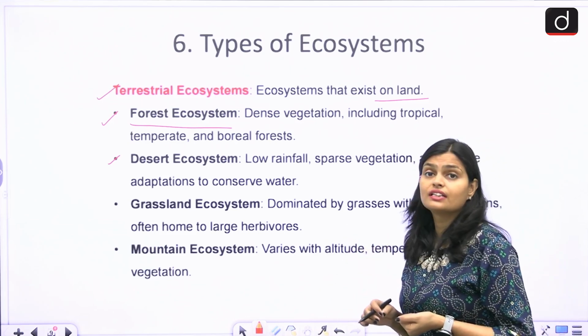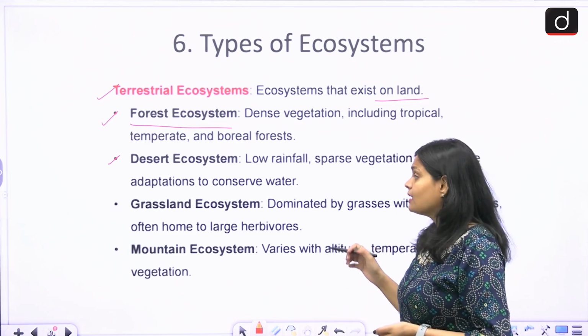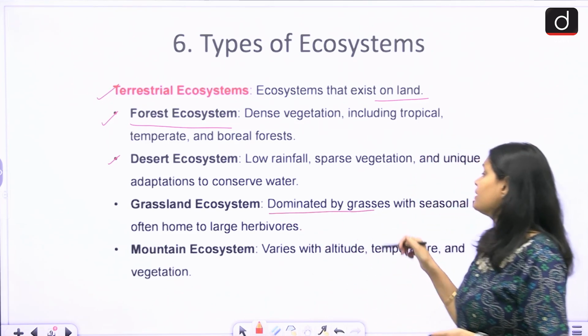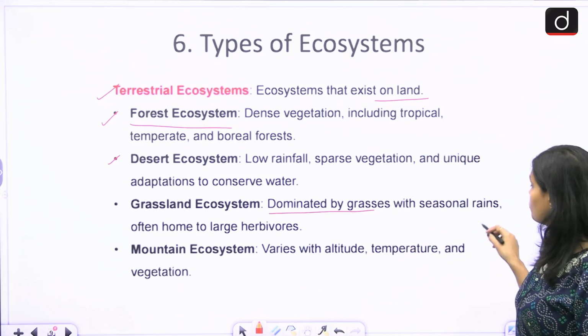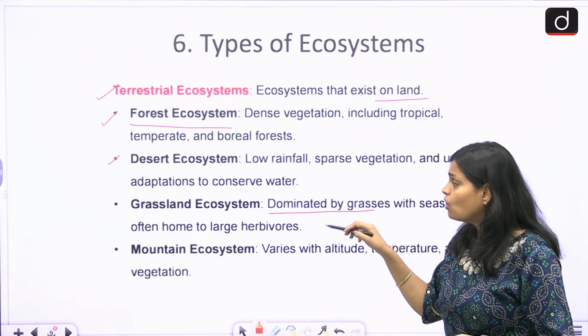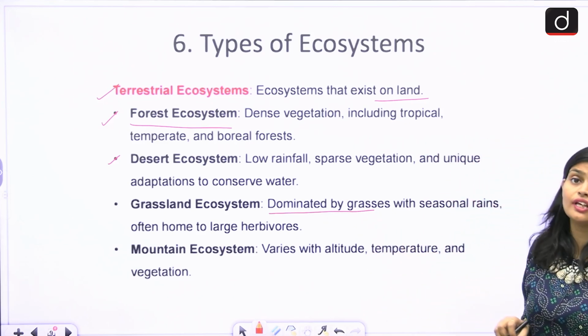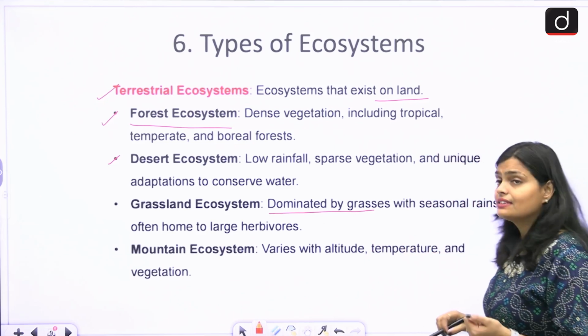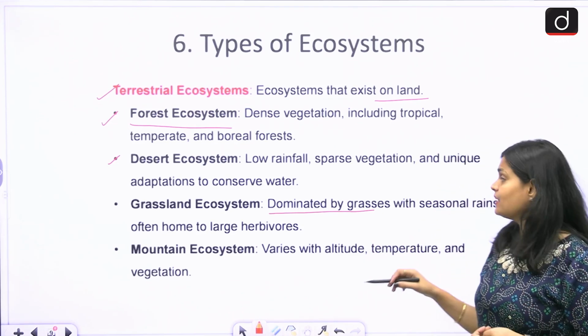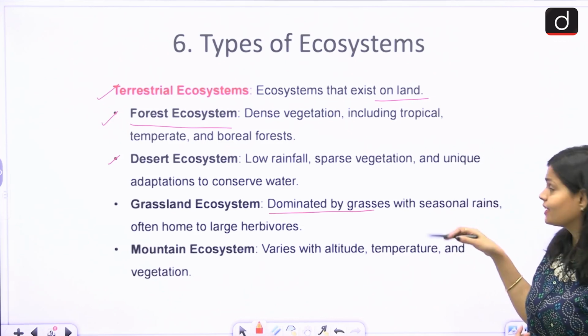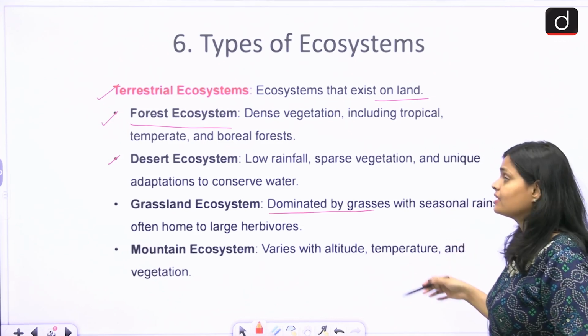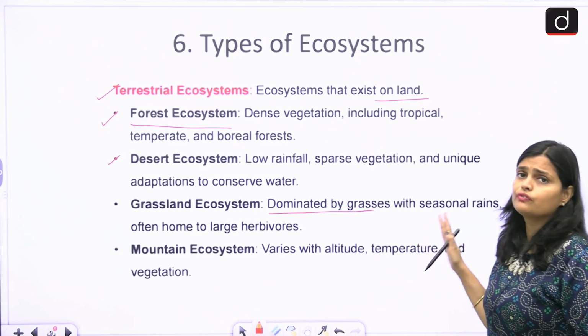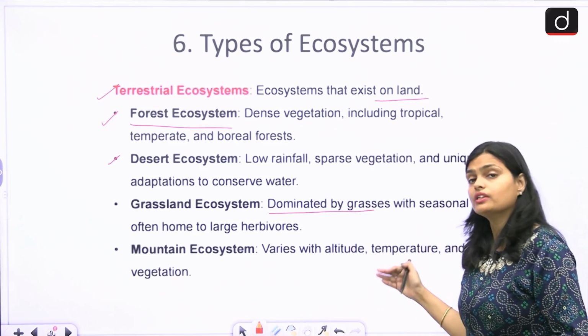Then we have the grassland ecosystem, dominated by grasses, with seasonal rain, often home to large herbivores. In grasslands, seasonal rains take place, and most of the herbivores live over the grasslands.